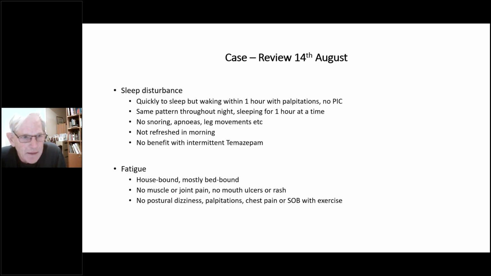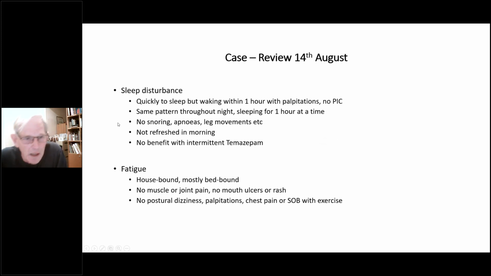physical abnormalities. And the history I got at that stage, which was at about 4 weeks after the infection, was that she was able to get to sleep quickly, but she was waking every hour or so with palpitations. There was no chest pain. She had the same pattern throughout the night, and there was no suggestion of sleep disordered breathing.